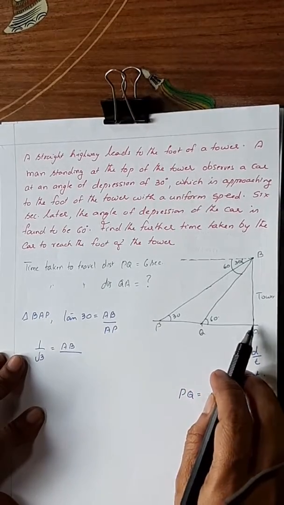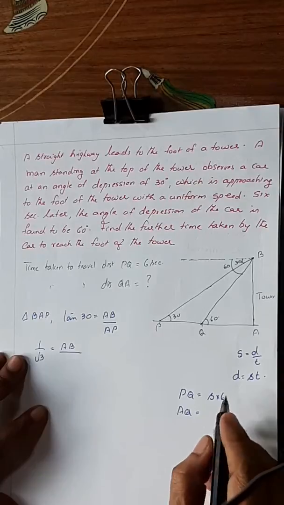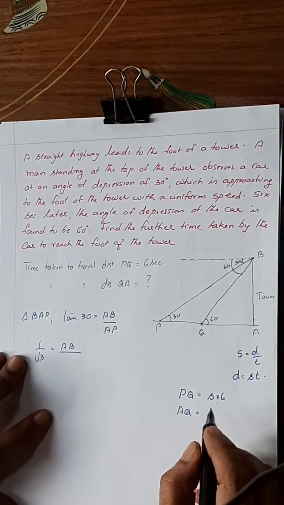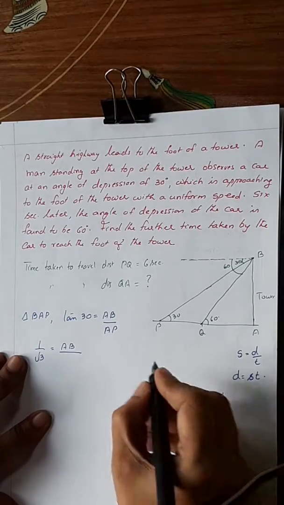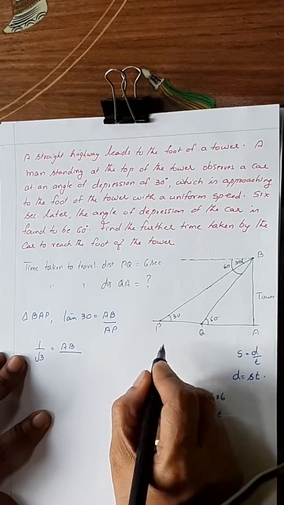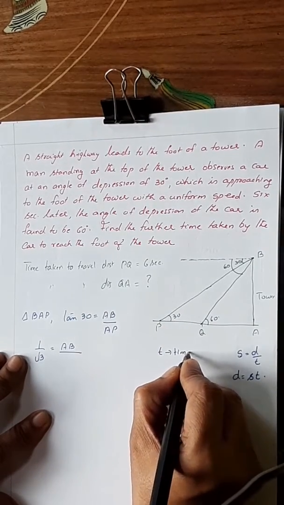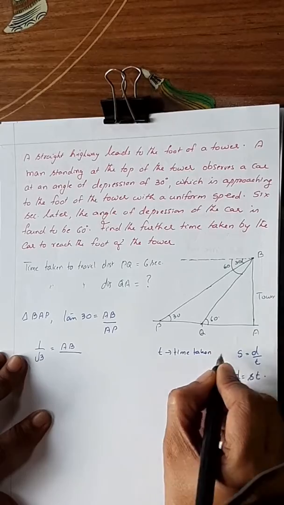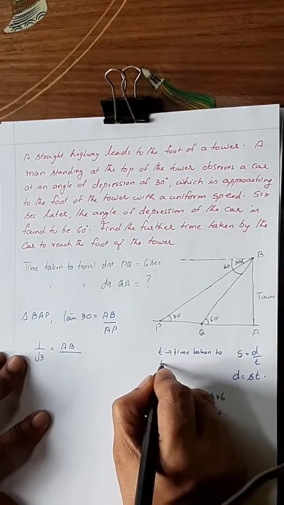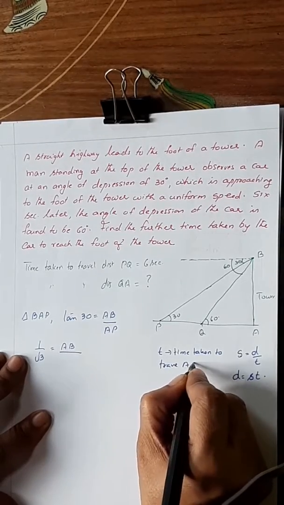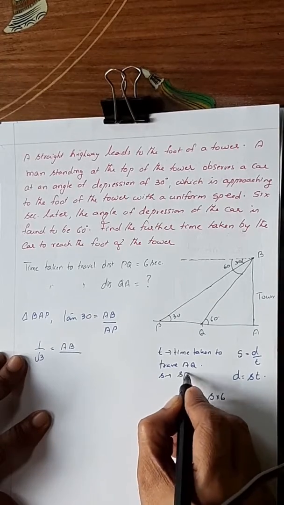And here AQ, we do not know the time, so it will be S into T. So T is the time taken to travel AQ, then S is the speed.